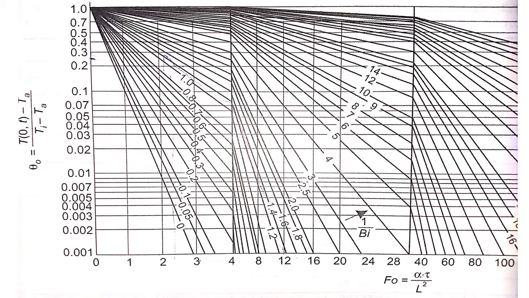Let me tell you how we have calculated the Fourier number. 1 divided by Biot number, we have already calculated. The value is 1.229, that is nearly equal to 1.23. These curves indicate 1 divided by Biot number.